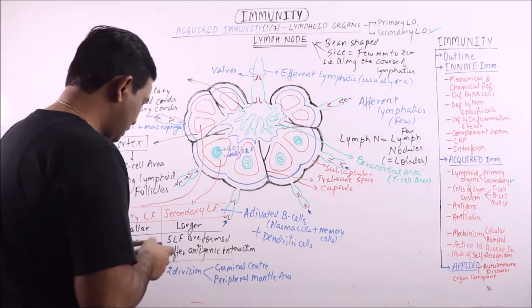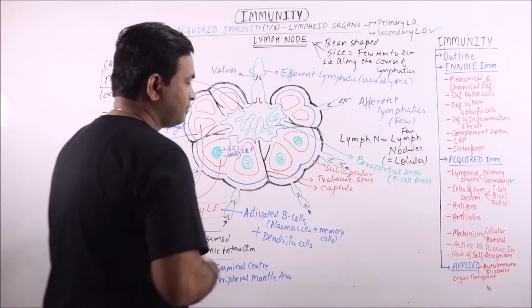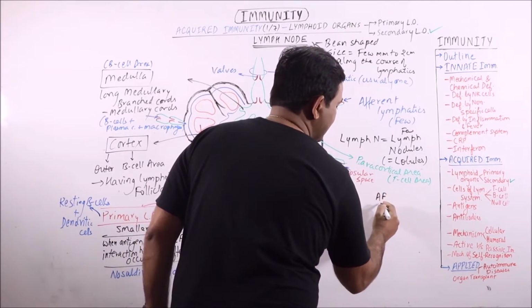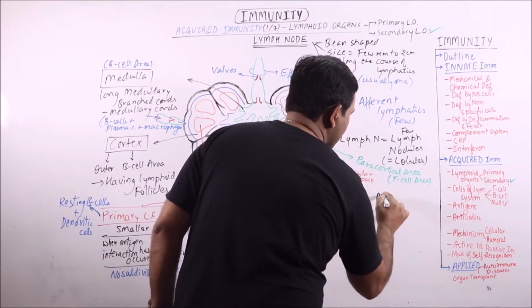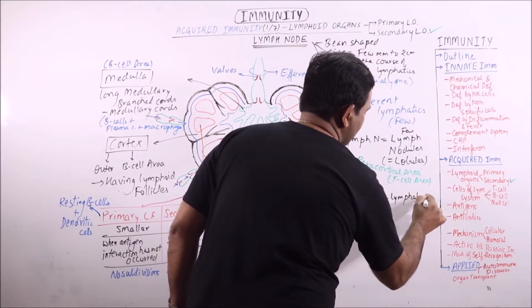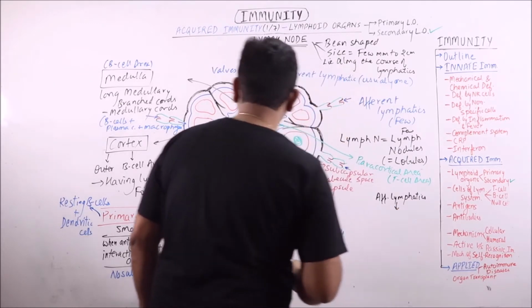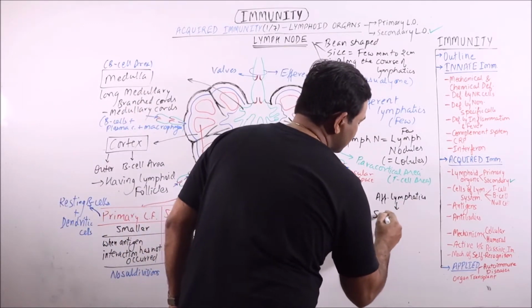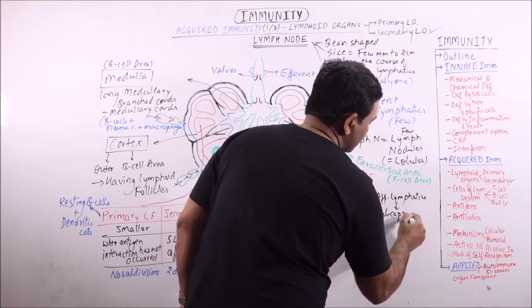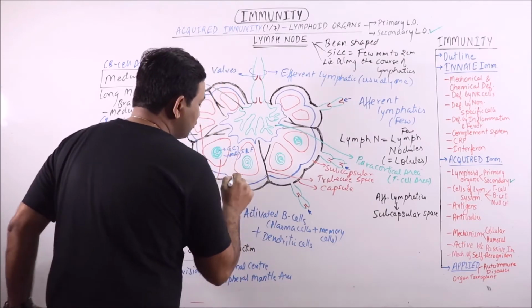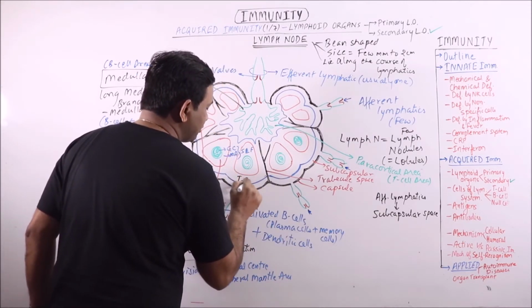Now the flow of lymph will start from afferent lymphatics, then it will move to subcapsular space, then it will move to trabecular sinus. This is trabecular sinus.